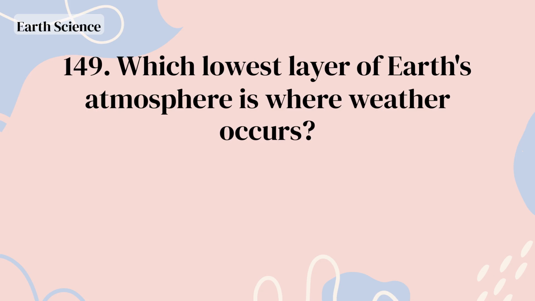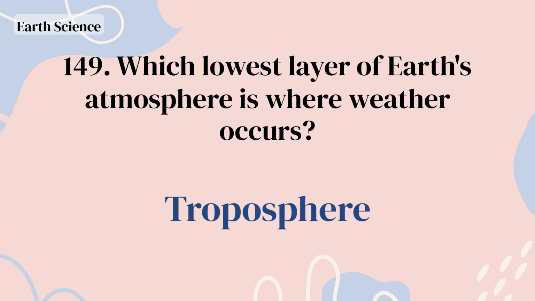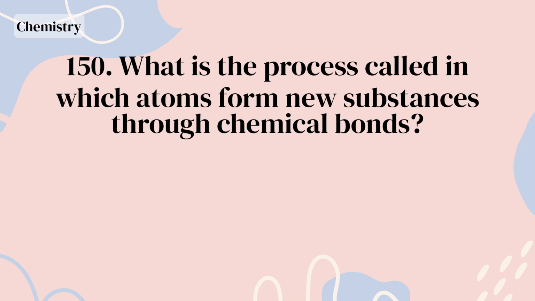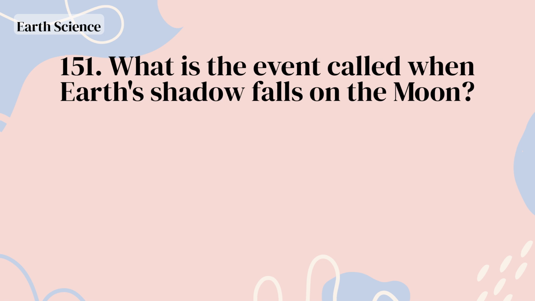Which lowest layer of Earth's atmosphere is where weather occurs? Troposphere. What is the process called in which atoms form new substances through chemical bonds? Chemical reaction. What is the event called when Earth's shadow falls on the Moon?